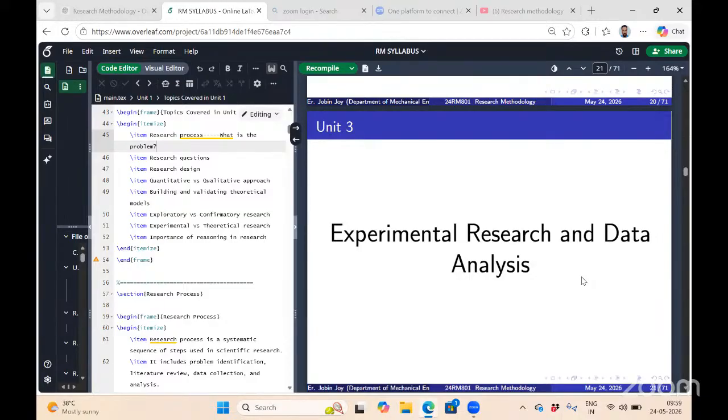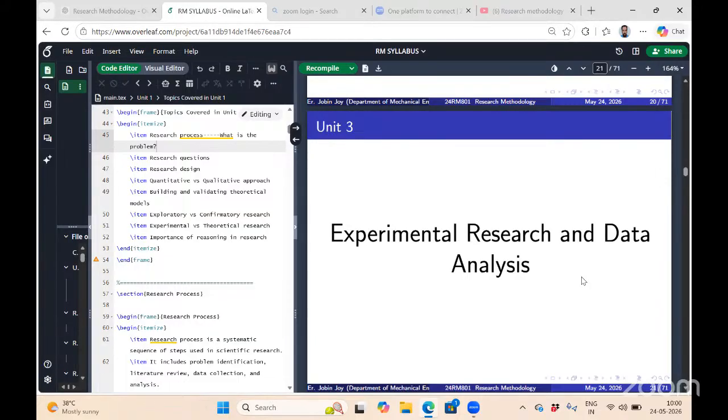How many experiments do we need to conduct to get a maximum amount of information? For that, we have design of experiments. We will be using some statistical techniques to design the number of experiments. You have to plan your experiments efficiently so that by conducting a minimum number of experiments, you will get the maximum amount of information.